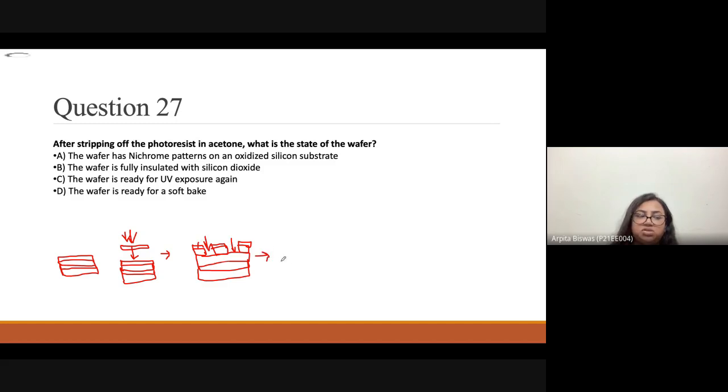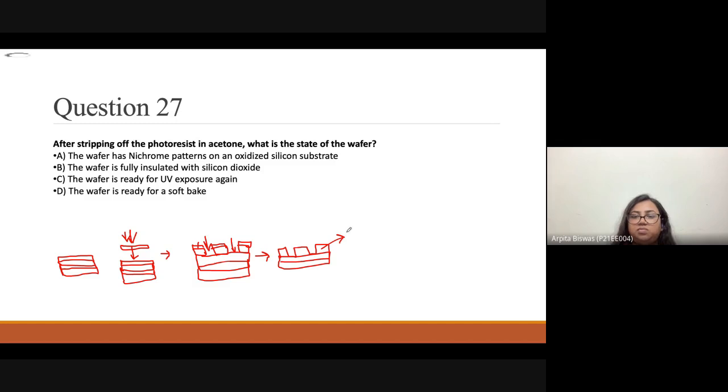This type of structure will remain: the silicon dioxide, and then this metal structure. Only the metal nichrome structure is there.